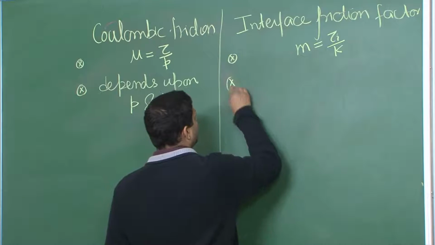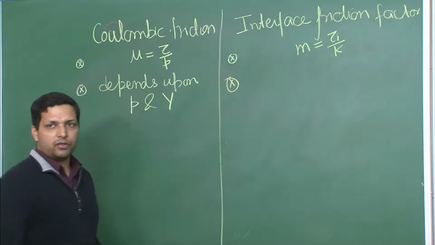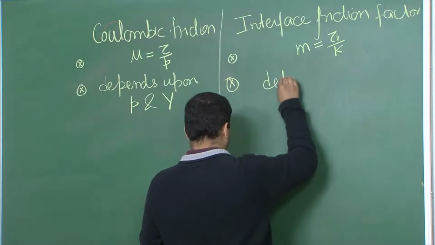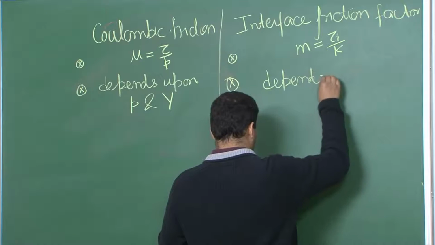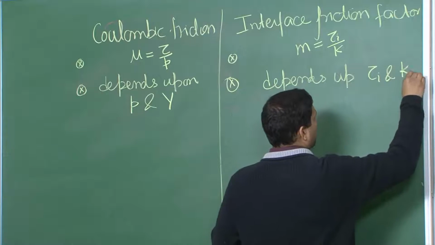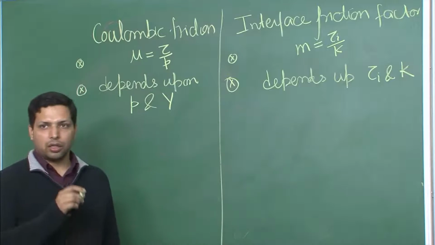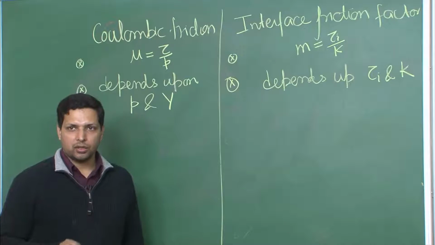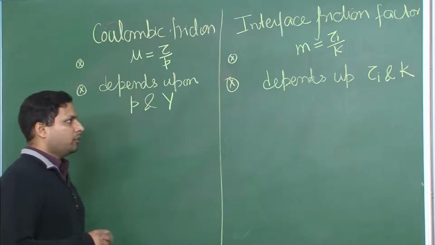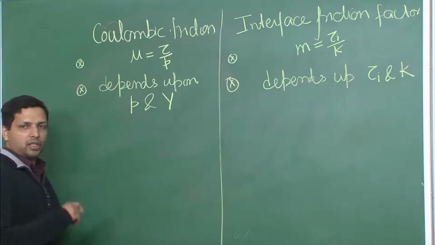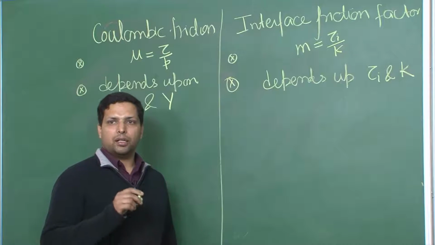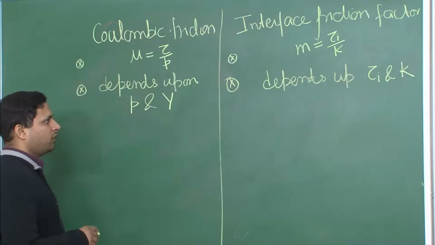On the other hand, when we are talking about interface friction factor, then this depends upon tau I and K, not on the normal stress. It is not depending on normal stress, which is a very important point to note, because it is because of this reason that we are able to use it in a wide variety of conditions, wide variety of configurations.